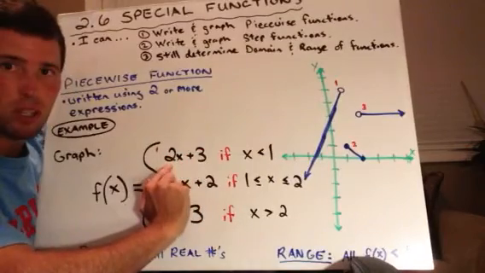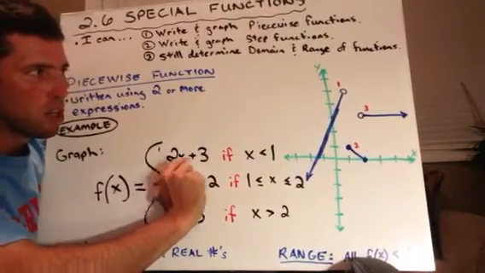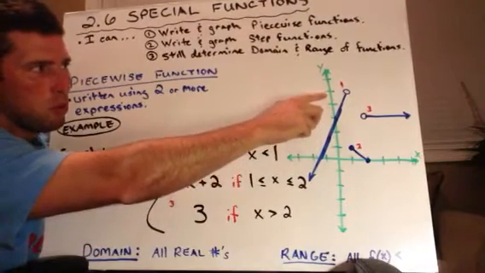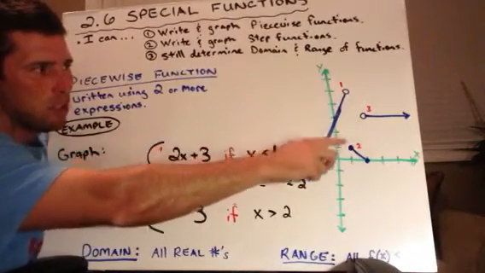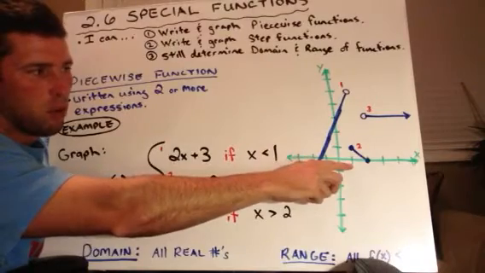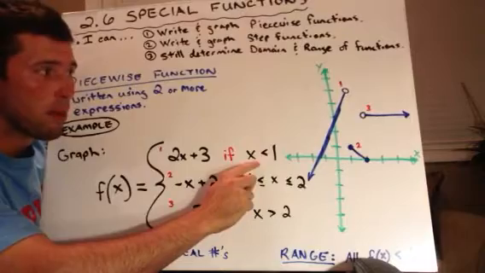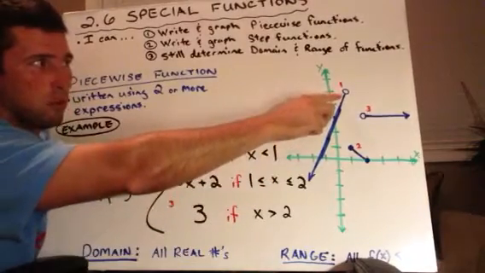My slope over here is 2 over 1. So if I start at my y-intercept and go up 2 and over 1, I'm actually at the x value of 1. Again, my condition says I can't be equal to it, so therefore I'm going to put an open circle.